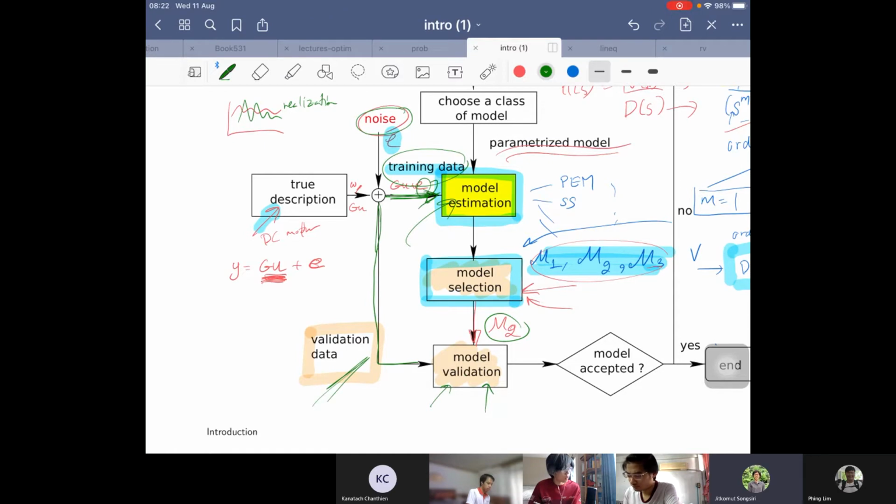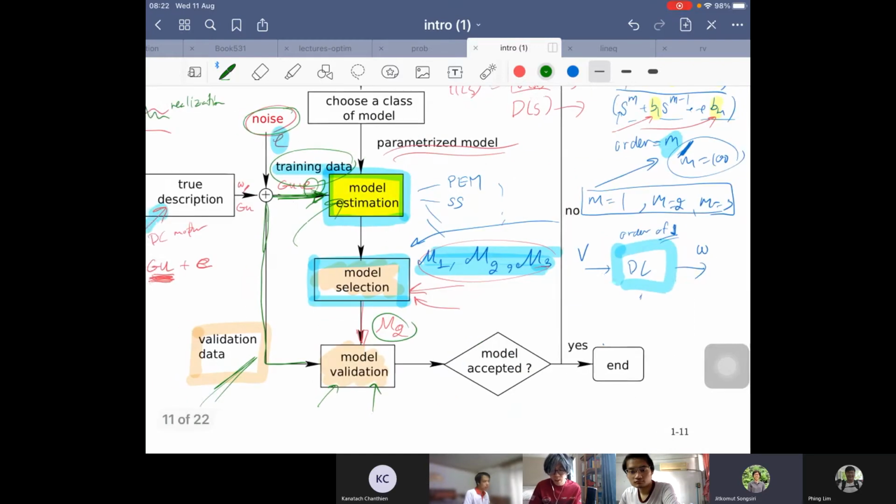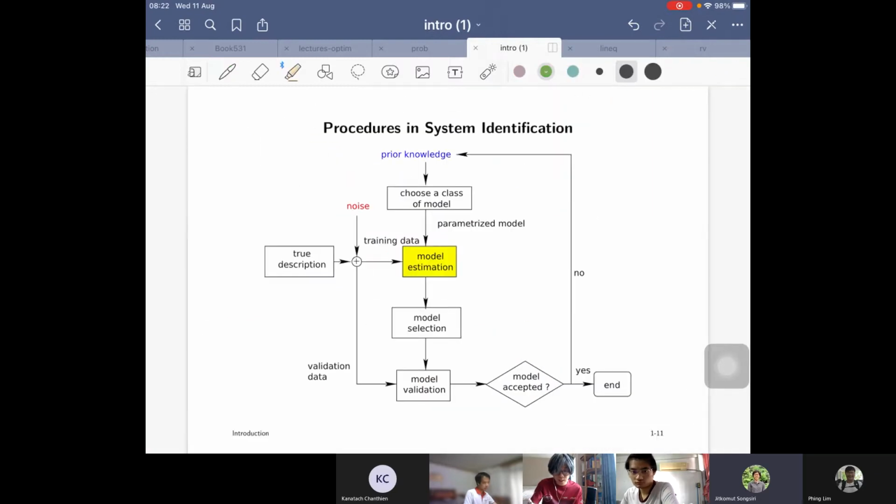This is about a white noise test, a residual analysis test that we are about to explain shortly. If the model passes the validation process, then that's the end of the process. But if not, you go back again.